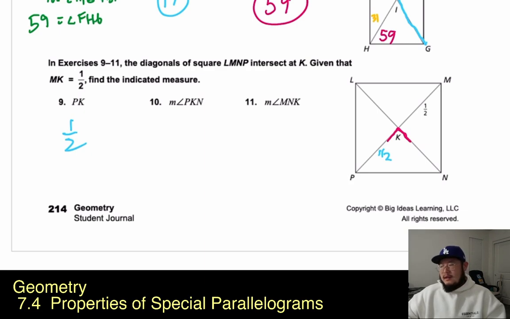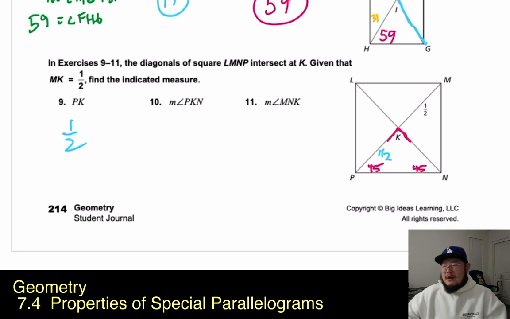One, if you think about angles in a square, we know that all the angles should be 90 degrees. One of the things we know about a rhombus is that the diagonals bisect the angles. So what that could tell me is that angle KPN is 45. Angle KNP is 45.